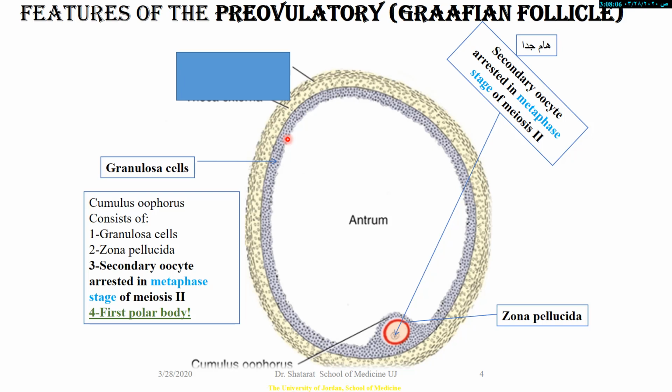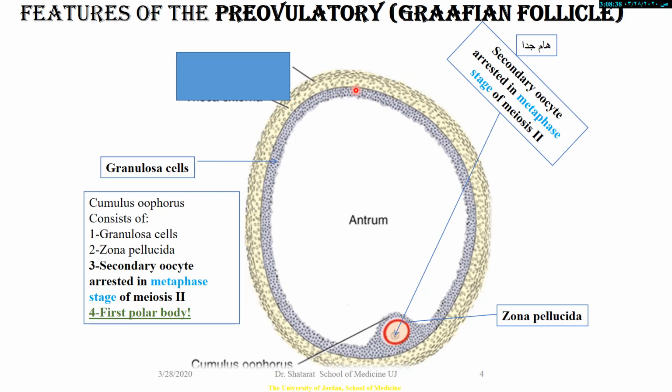We said that the primordial follicle, under the influence of FSH, becomes a primary follicle, and this primary follicle becomes a secondary follicle, and then under the influence of LH, luteinizing hormone, it becomes a tertiary follicle, also called Graafian follicle, that we are looking at now.